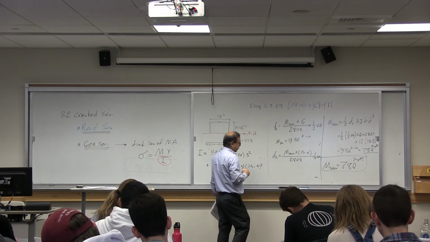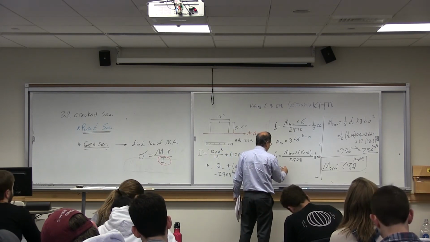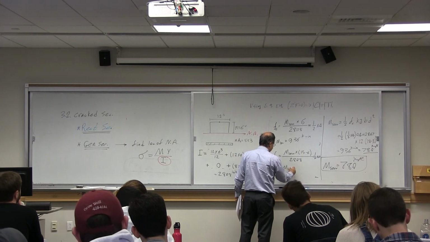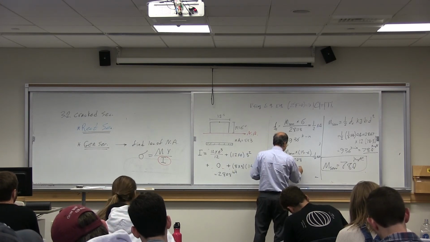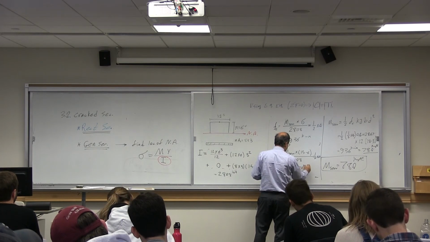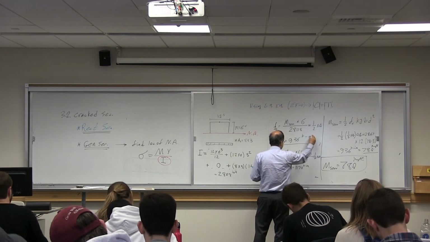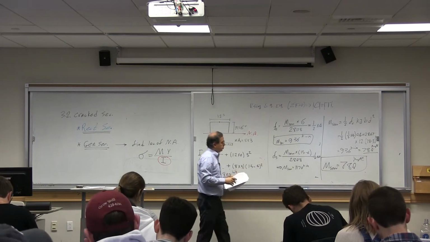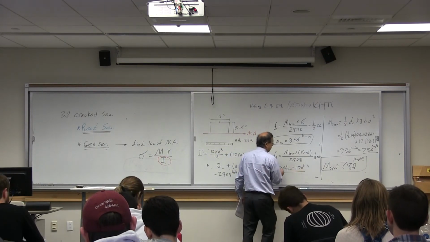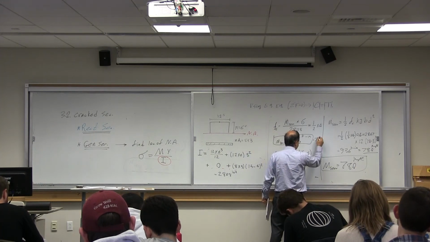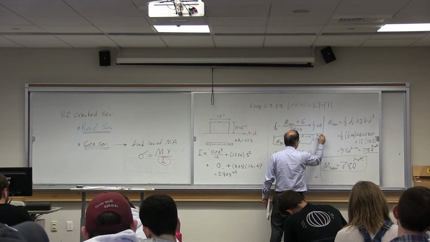Now we want to limit it to 1/2 of Fy. From here you find M service is equal to 1170 kip inches, and this is your moment in kip inches. You can convert it obviously to kip feet, which is going to be 78 kip feet.